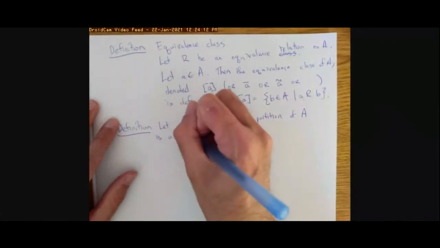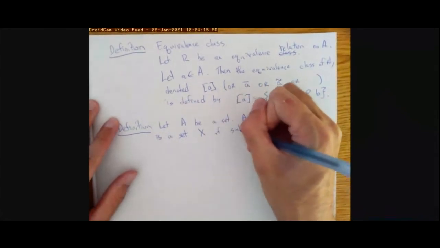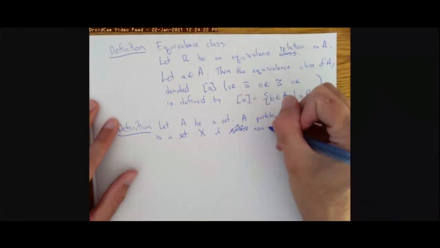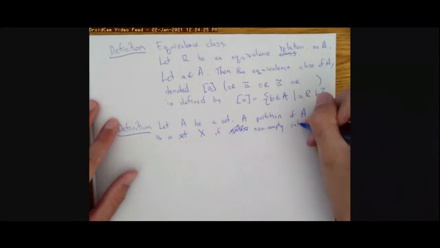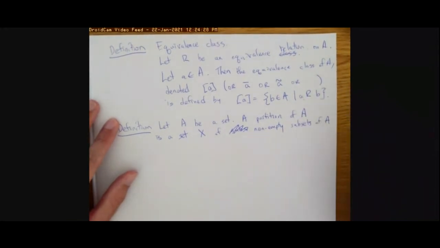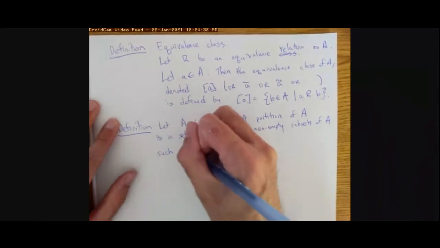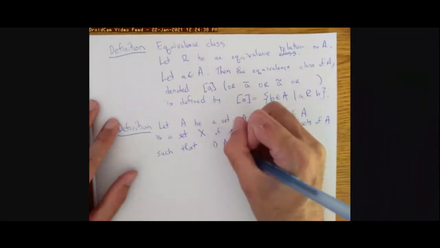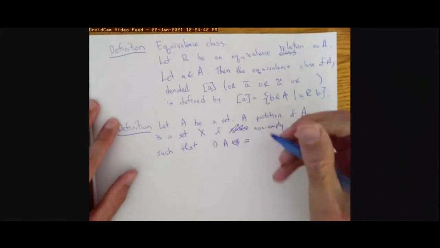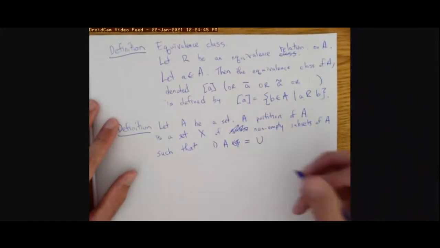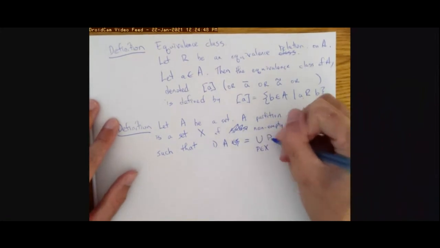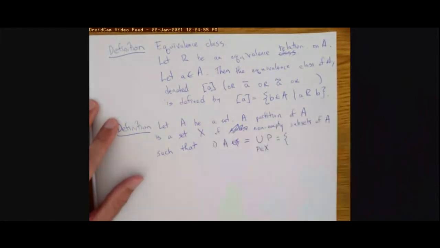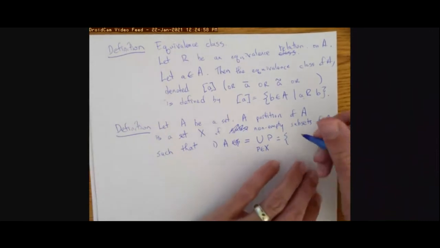is a set X of non-empty subsets of A such that, first of all, A is just the union of all P in X. In other words, A can be found by taking all the elements in the subsets in X and joining them all up.